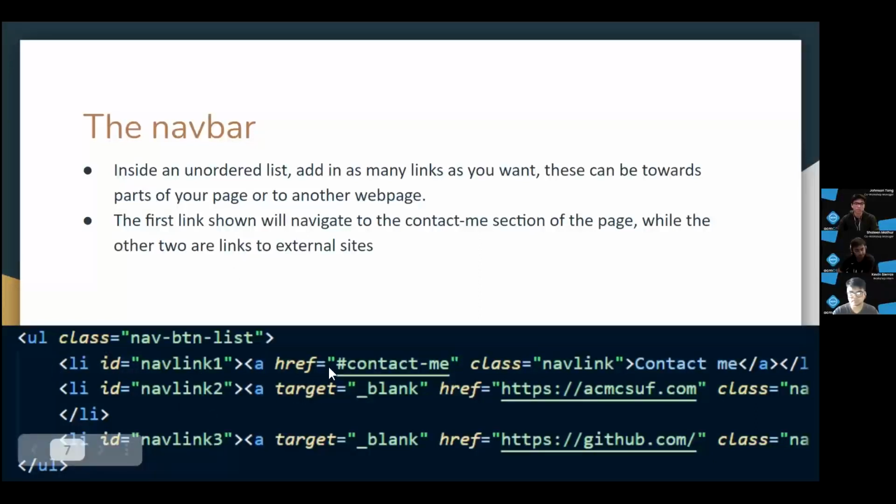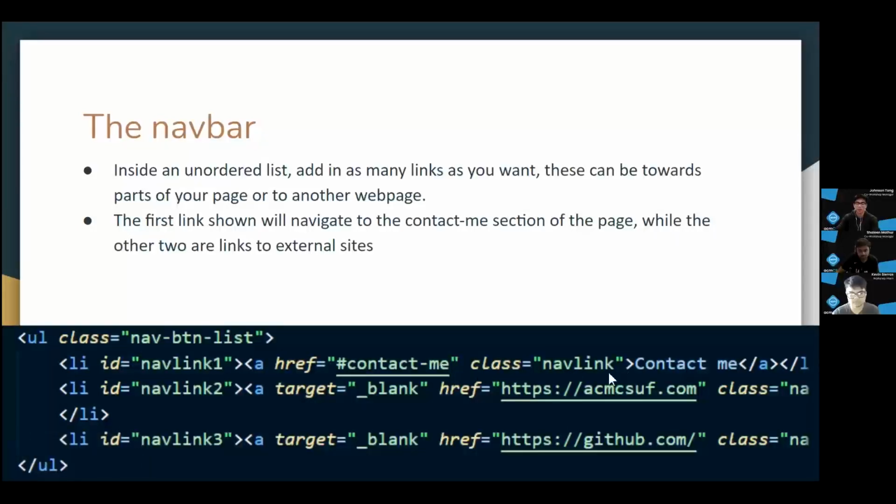Inside the unordered list, we have a couple of list elements. In the first list element, we're going to have a link. You can tell it's a link because it has an a tag; a usually refers to a link. For the href, that's where we want to navigate to when it's clicked on. We put a pound sign and then contact me, which means we're going to go to the part of our web page that has the ID contact me.